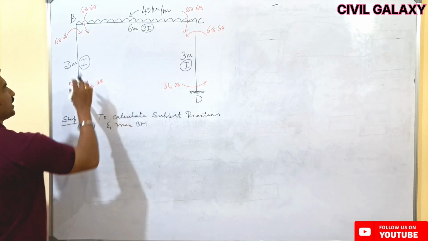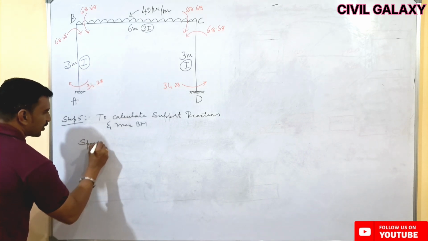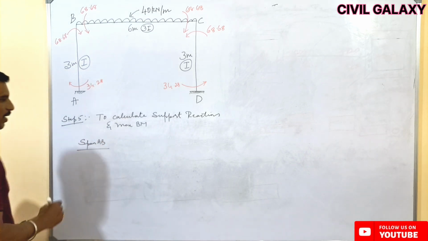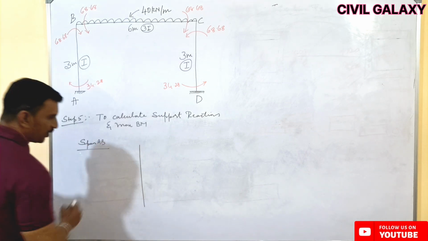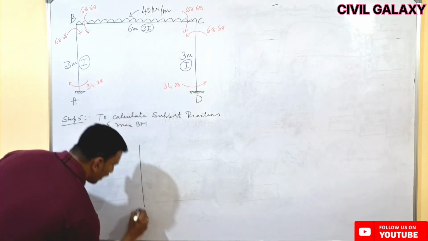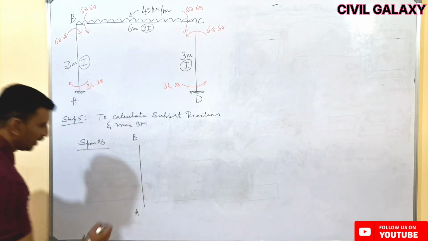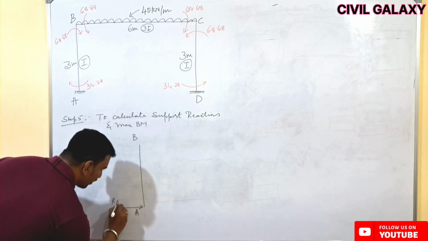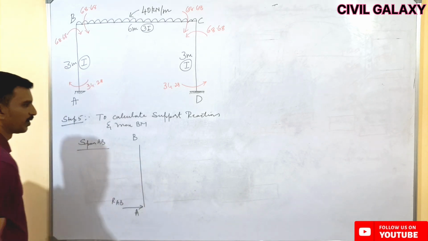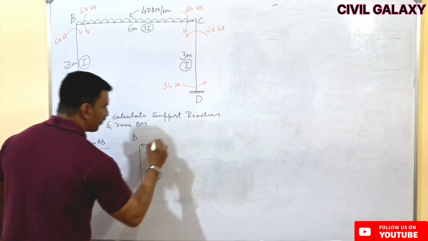Here, if we consider the first span, let us consider a span AB. I will write the span over here as it is. This is A and this is B. Let us consider a reaction here, calling it RAB, and here this one as RBA.